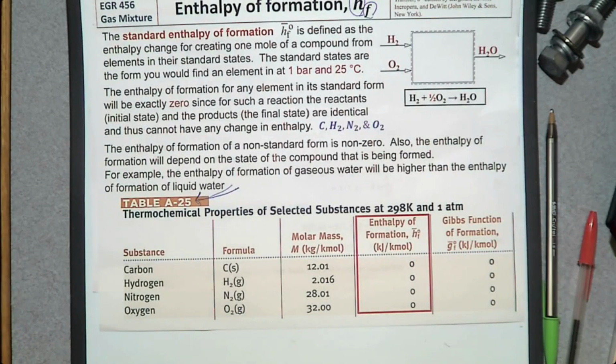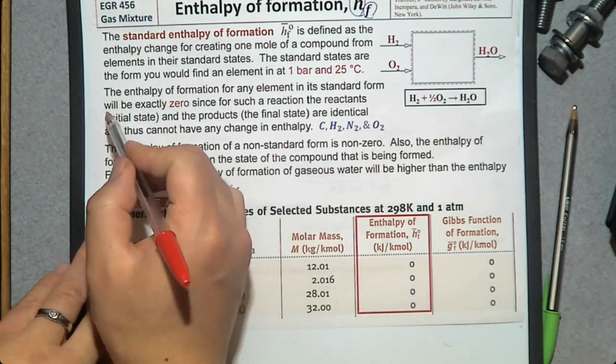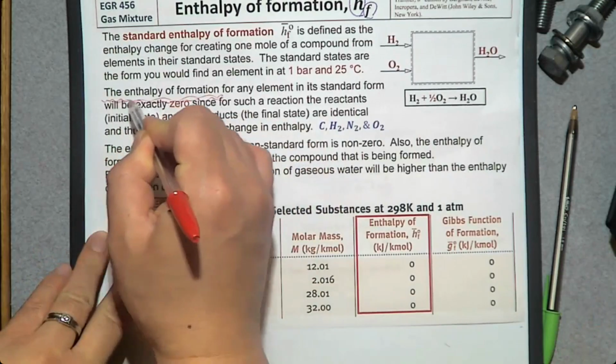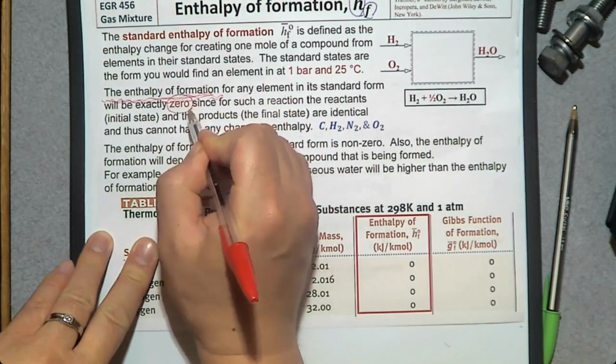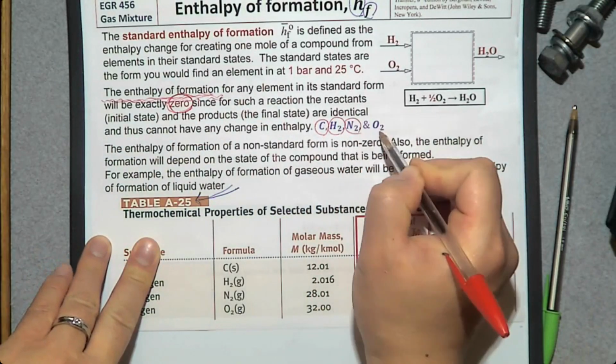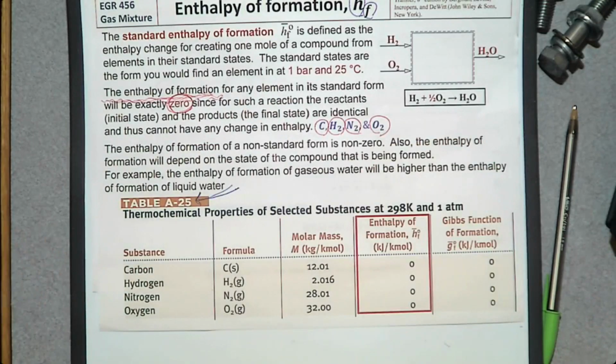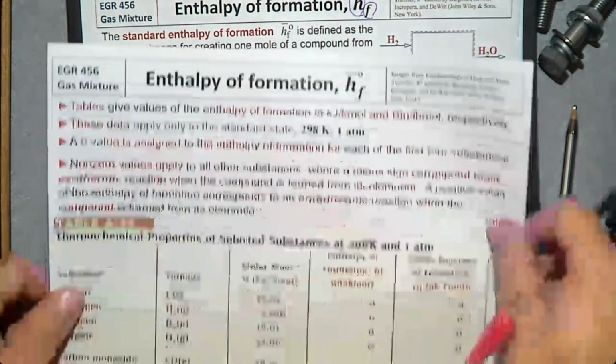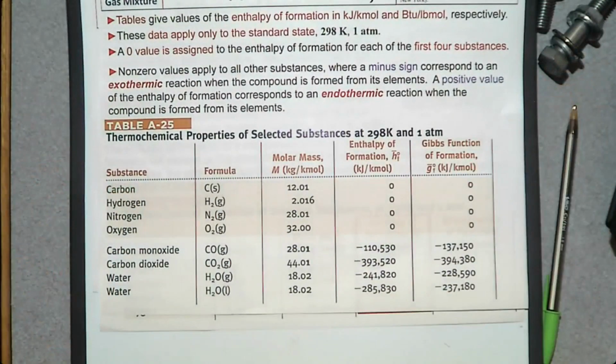One interesting thing here is that the enthalpy of formation is 0 if you have carbon, hydrogen, nitrogen, and oxygen. Only those 4. So you can see when you have carbon, hydrogen, nitrogen, and oxygen, their enthalpies of formation are 0.